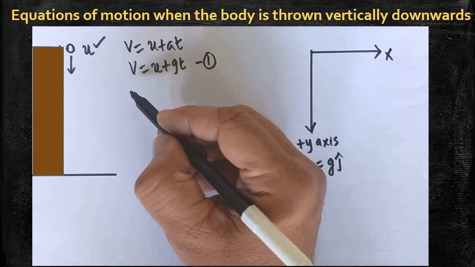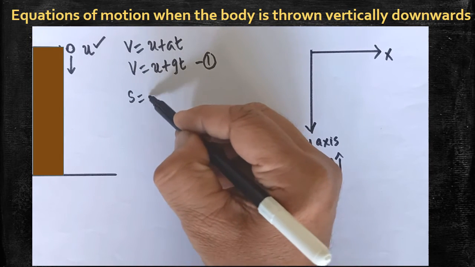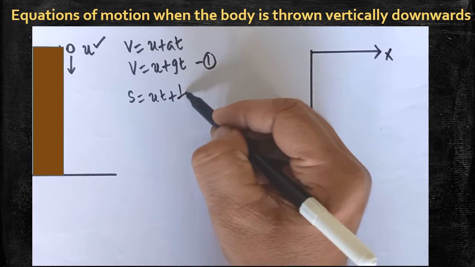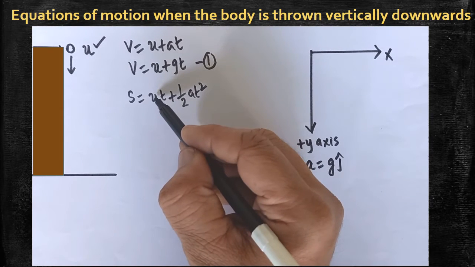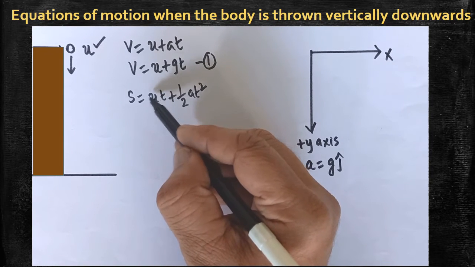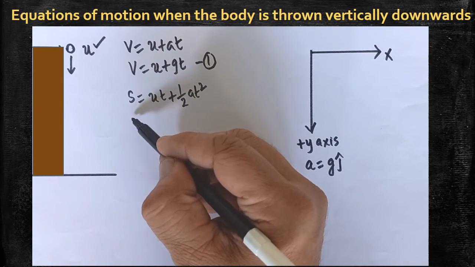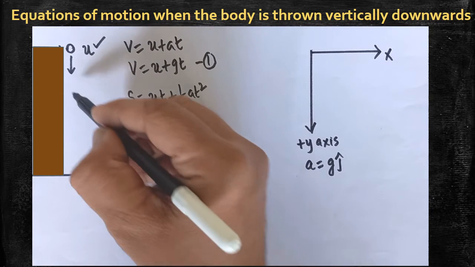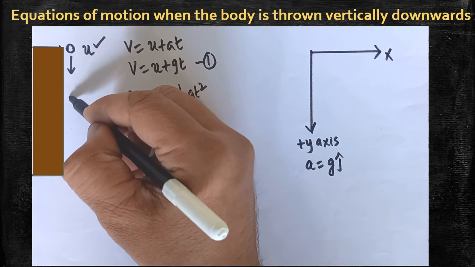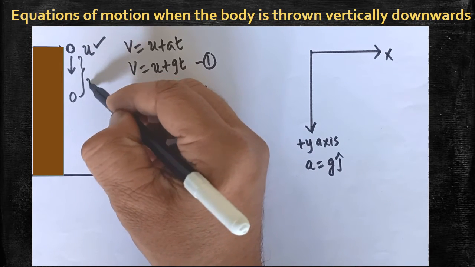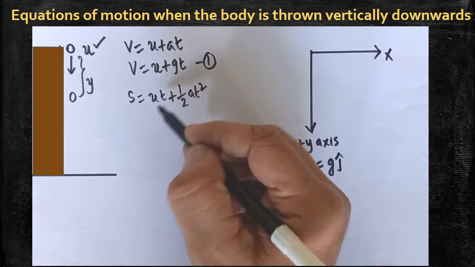The second equation of motion is s is equal to ut plus half at square. So here initial velocity is there. It is thrown with some initial velocity towards downward direction. Therefore, instead of s, we can write the displacement as, for example, if it comes from here to there, the displacement can be taken as y, the respective time is t.